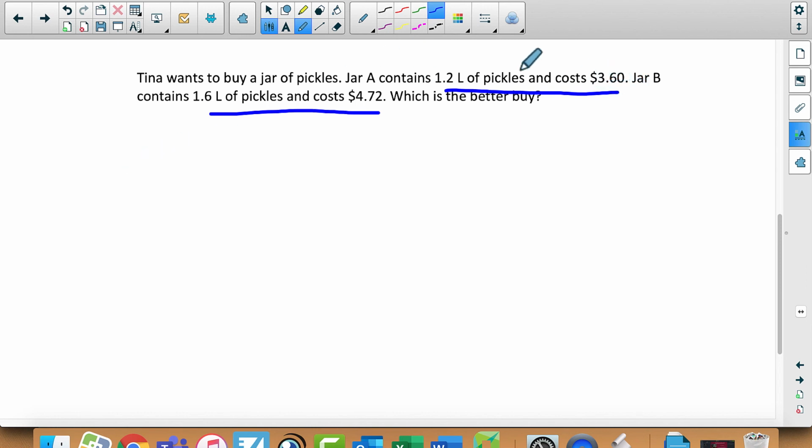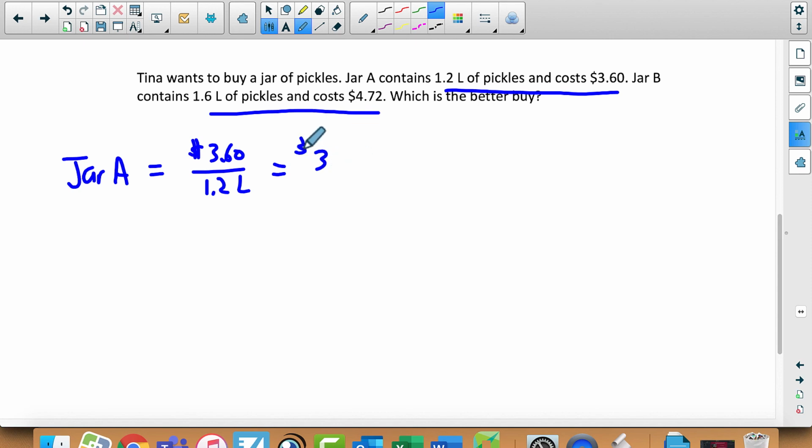But if we're not worried about that, maybe they're the same brand, we just have to do our unit price. So how do we do it? Take the dollar amount, so for jar A it's $3.60, and divide by the amount, which is 1.2 liters. And if you divide that, you get 3 exactly.